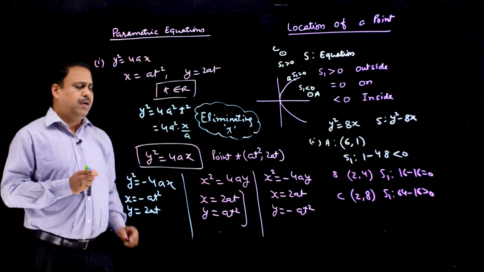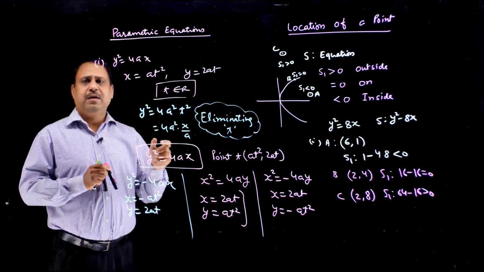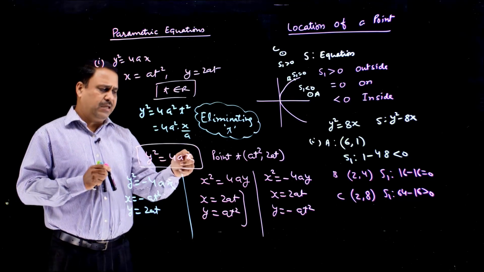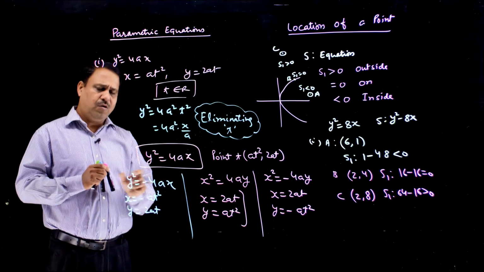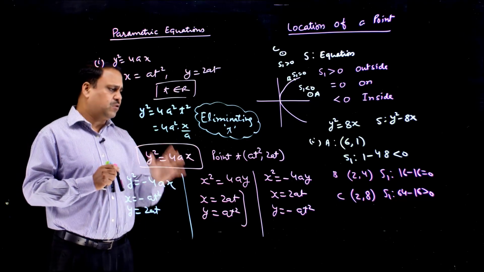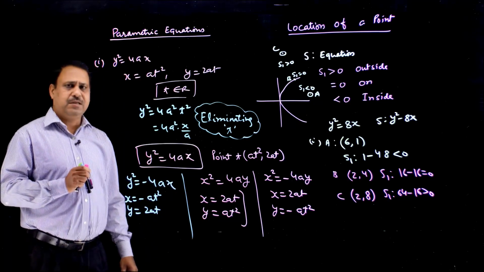This will be the parametric equation of this curve. If the center is not (0, 0), if the center is (h, k), we will replace x with x minus h, and y with y minus k. So with the center also we can replace. So these are the parametric equations of the parabola.